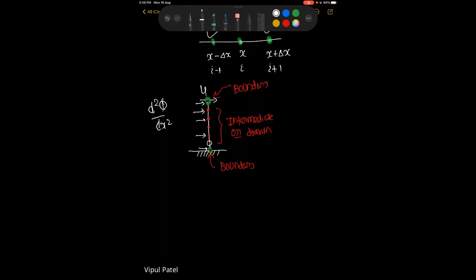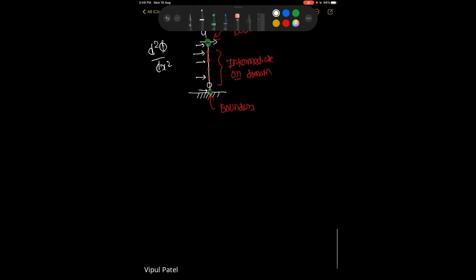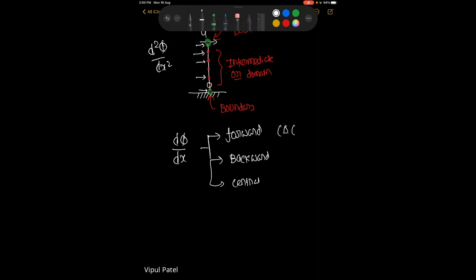For example, let me talk about the first order derivative that we have derived. We have derived three expressions. One is with forward difference approximation, another one is with backward difference approximation, and the last one is with central difference approximation. We also know that the order of accuracy of the forward approximation is 1, or you can say delta x.